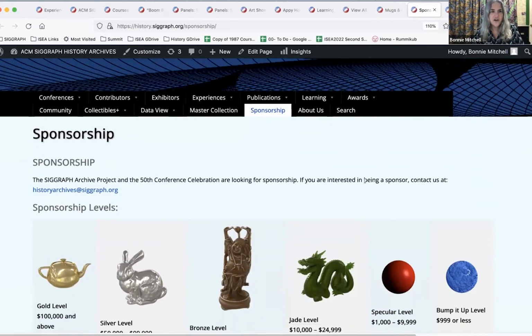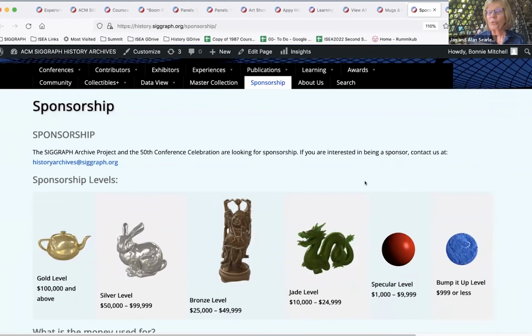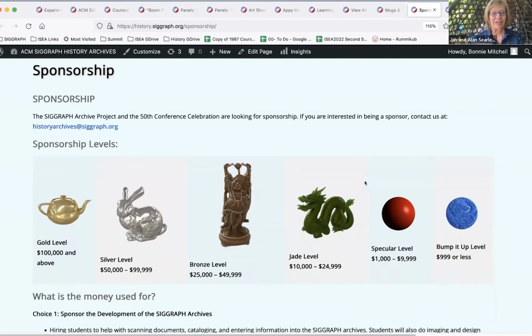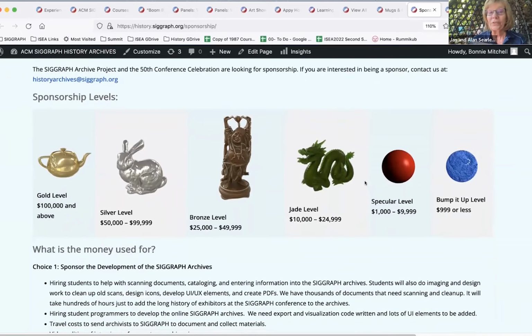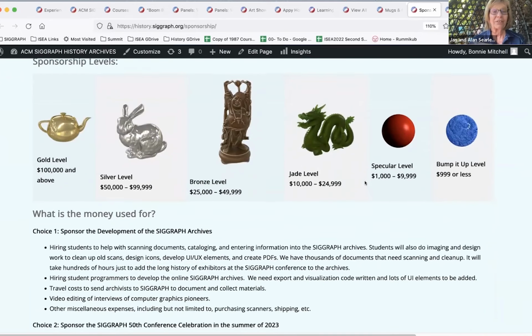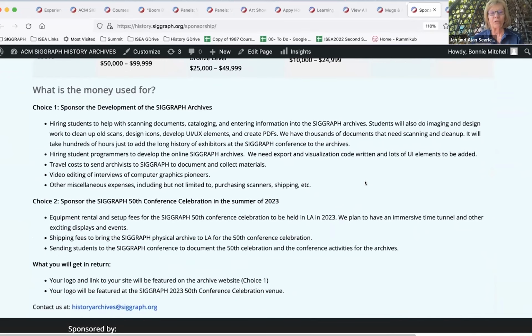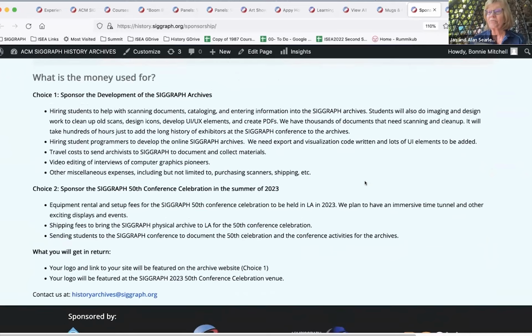And Jan's going to talk about sponsorship as well. So this is one of the newer things, and thanks for all those wonderful teapots and Stanford bunnies and all of those things. We're looking for contributors to help us create this project. It's a very large project, and particularly we've had some funding.